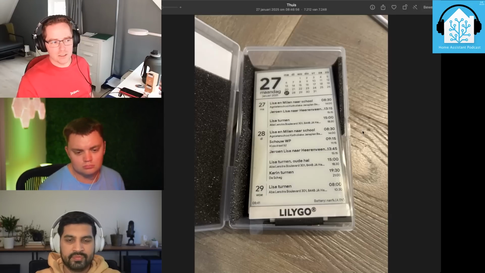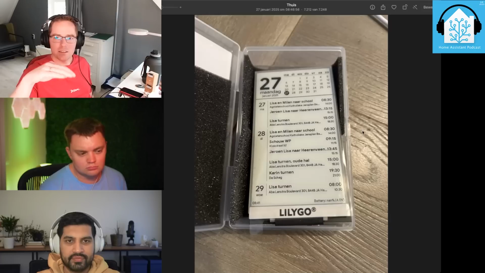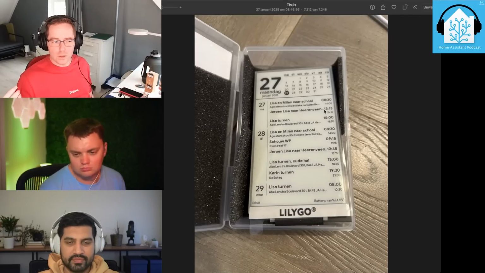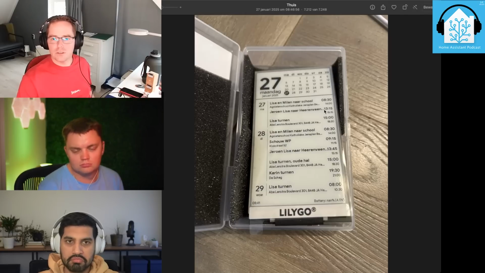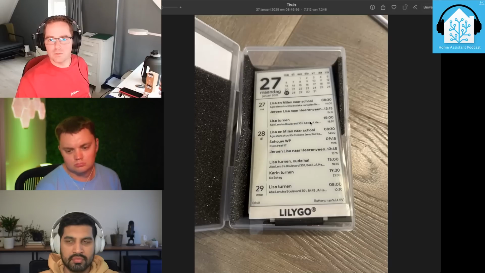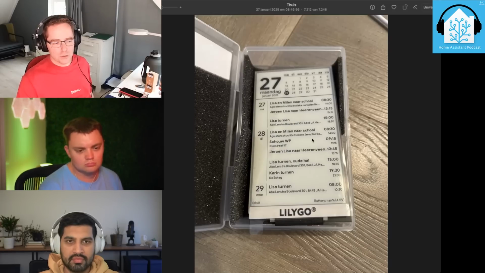Because what it actually does is it takes the current day and shows events up to 14 items into the future. And of course, if it goes across a day, then it shows it in a way that it's properly displayed for the next day. I've got all the source code for this available on the GitHub repository.